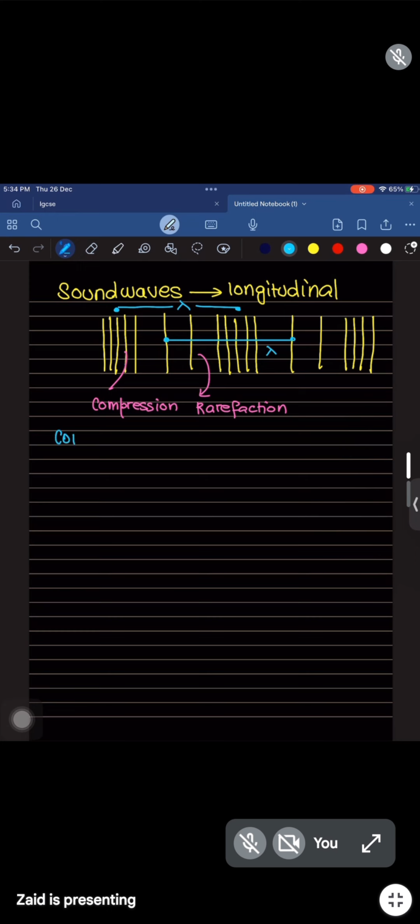So if you're being asked to describe compression and the definition comes in the exam, you're going to write high pressure zones where particles are close to each other. Okay.